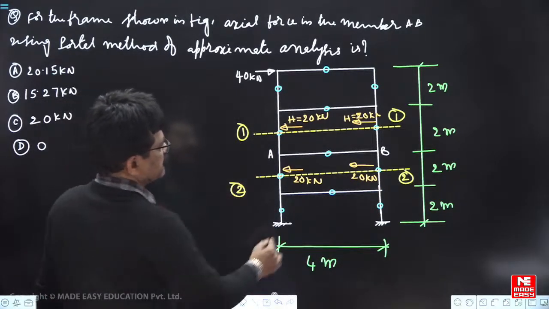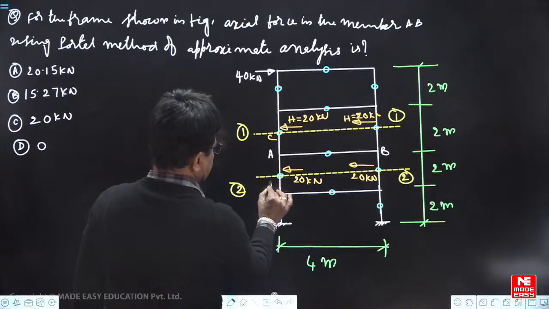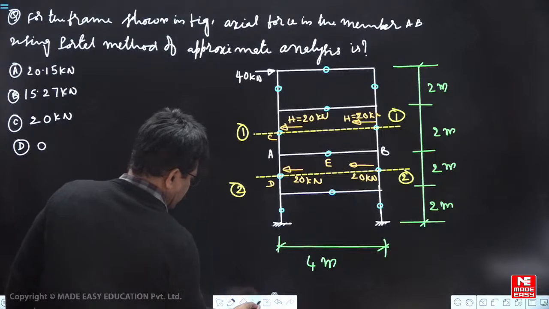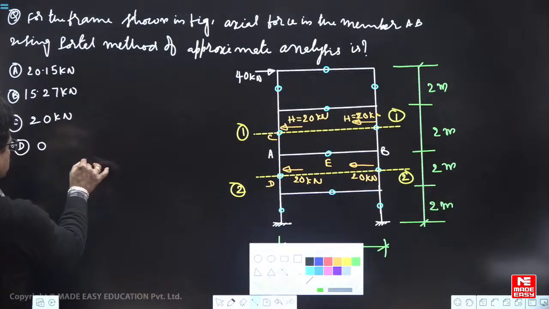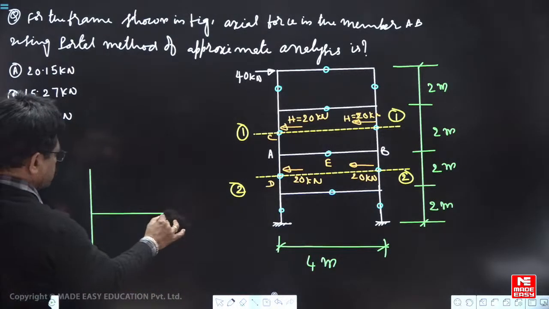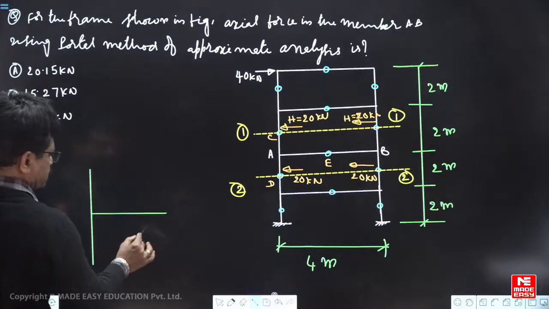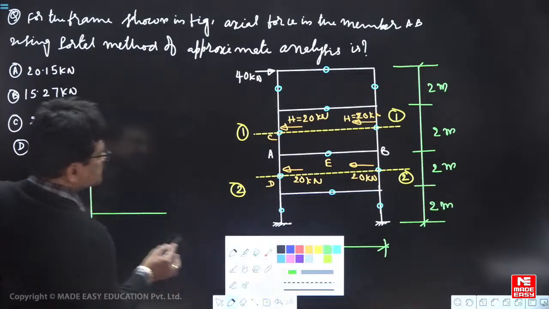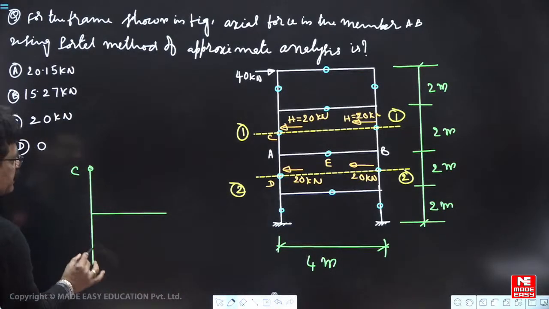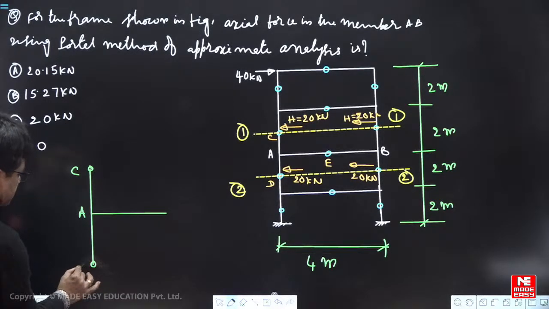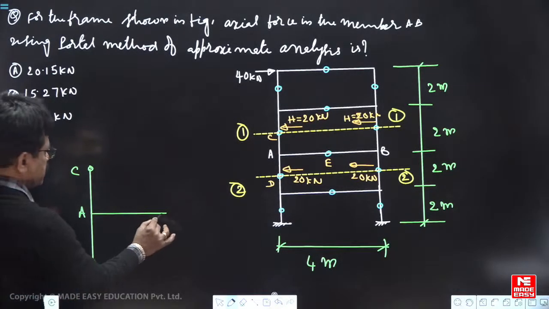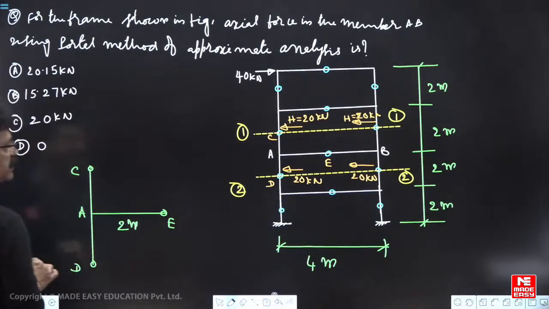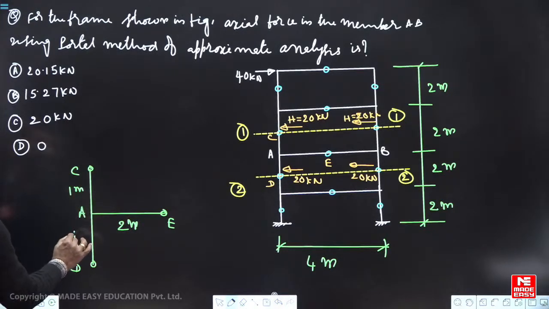Now if I take AB, over this point, let us say CDE. ACDE free body diagram, if at all I take it out, this point I am showing you there C. This is C, this is A, this is D, this center point is E. This value let us say 2 meters, this is 1 meter, 1 meter.